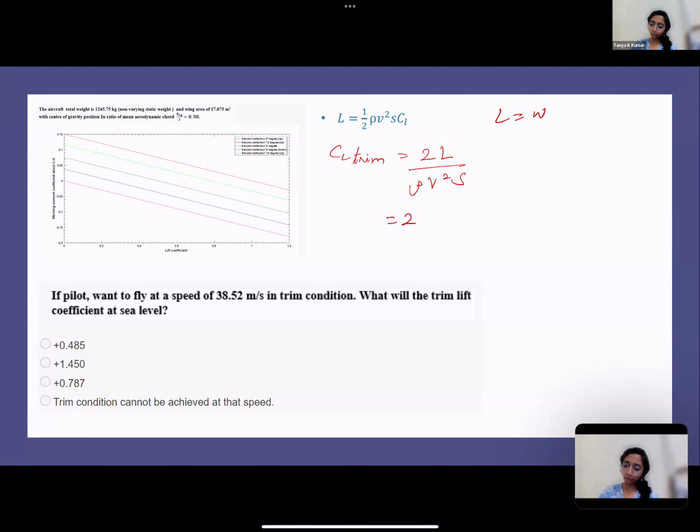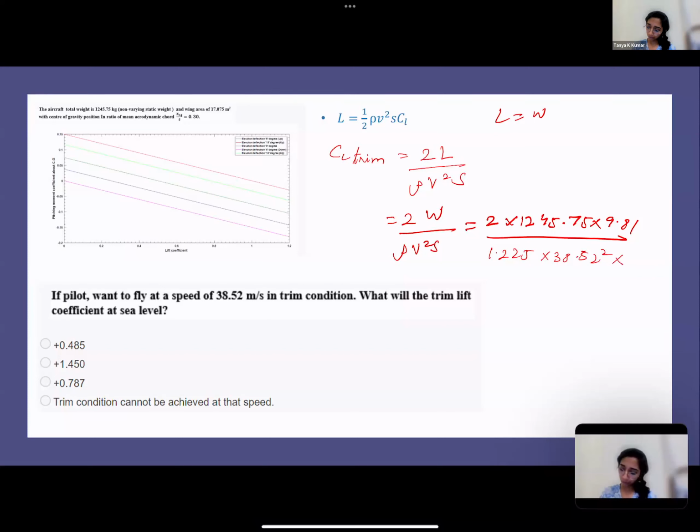So you have 2W by rho V square S. So you have 2 into 1245.75 into 9.81, because here it's in kgs, divided by rho V square. Now rho is at sea level, so it's 1.225. V is 38.52 squared. And they've given you the area, which is 17.075. So let's just calculate this and find out the answer.